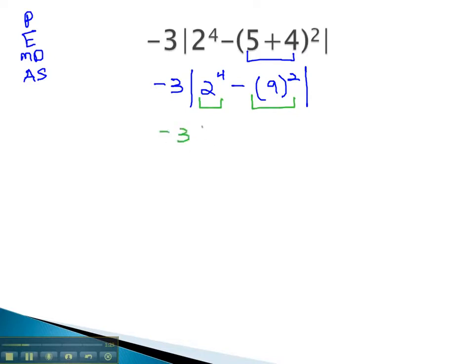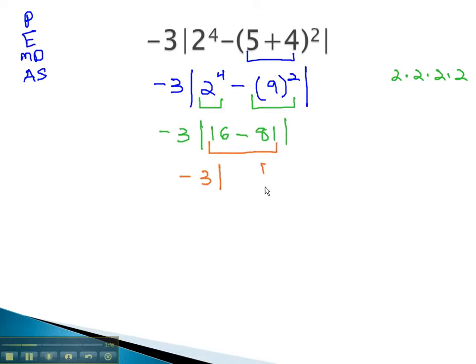giving us negative 3 times the absolute value of 2 to the 4th. Remember, that's 2 times 2 times 2 times 2, which comes out to be 16, minus 9 squared, which is 81. Still working inside that absolute value, we can do our subtraction.